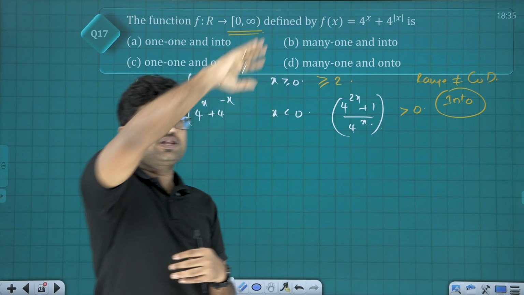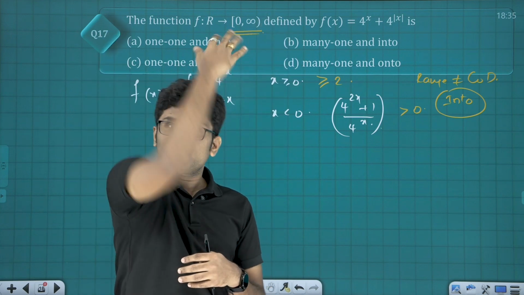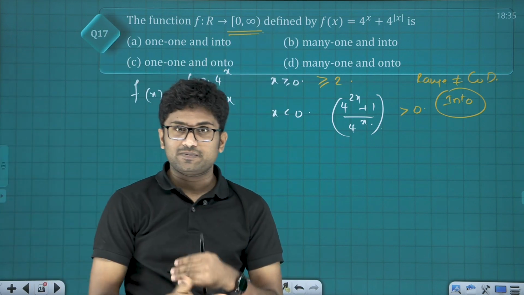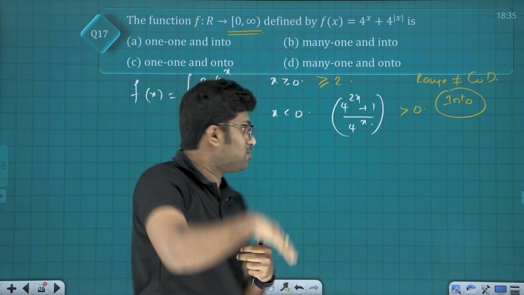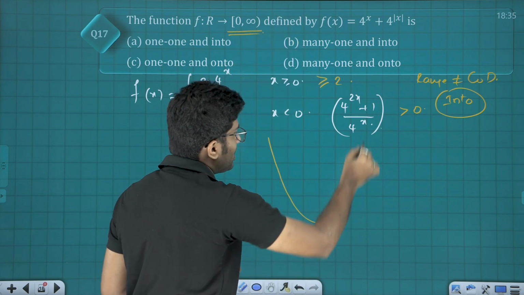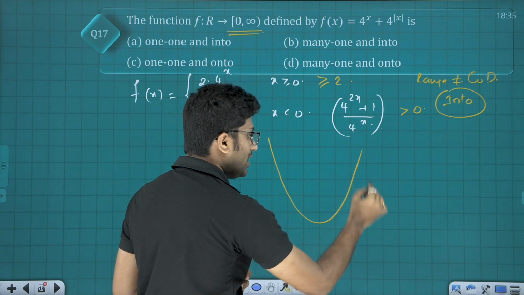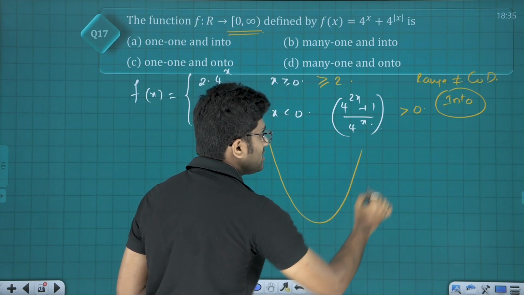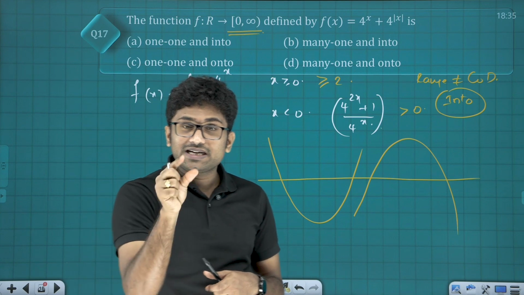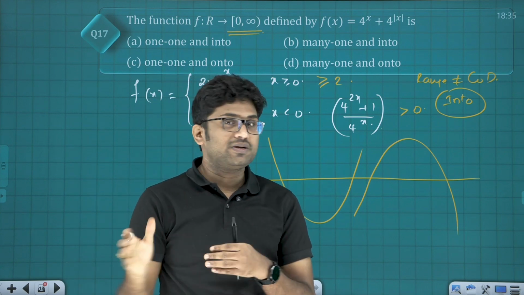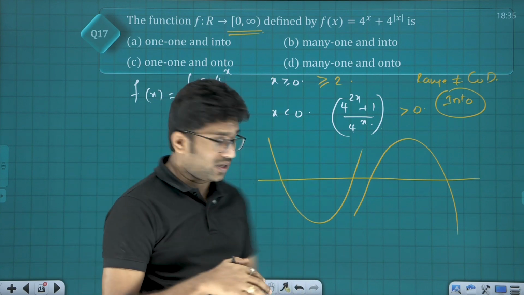But if it is both increasing and decreasing, or decreasing and increasing in the given region, then it is not 1 1. Why, you know, friends? When you draw a horizontal line, it intersects at more than 1 point. So that means it is not 1 1.